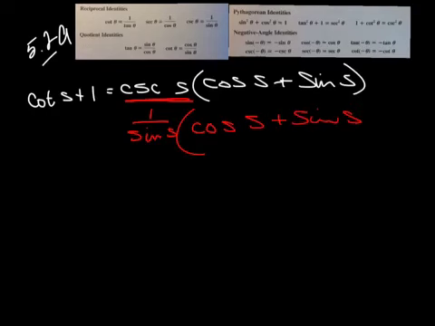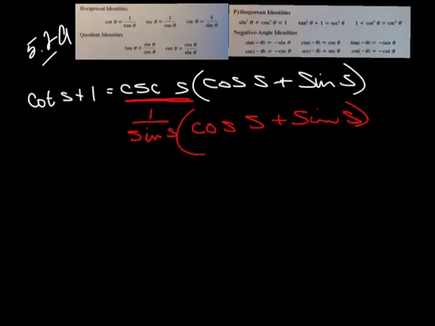Alright, so again, one of the things I like to do is try to get these things to look more like sine and cosine. So I'm going to take my cosecant of s right here, and I know my cosecant of s is the same as 1 over the sine of s. So now I just got rid of the cosecant and made it into a sine. That makes it kind of nice.